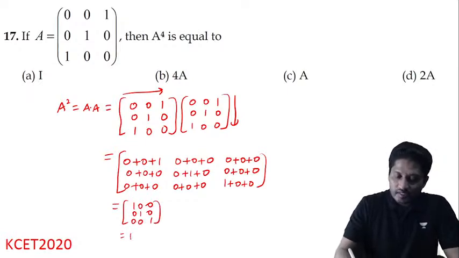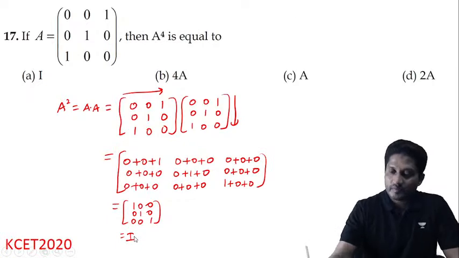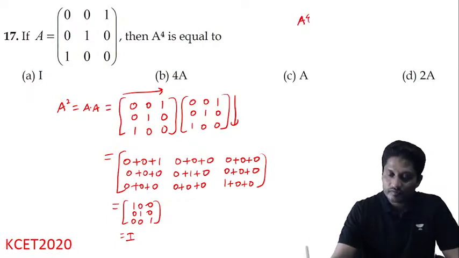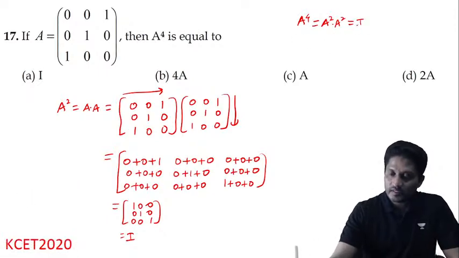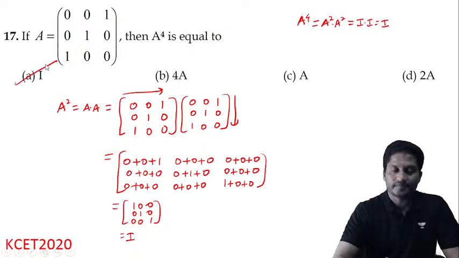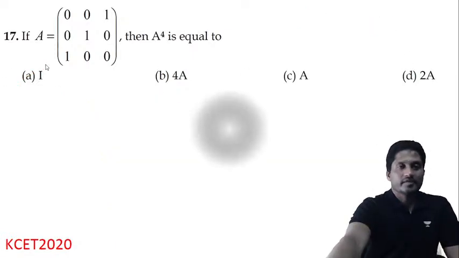That is same as I. Now A power 4 can be written as A square into A square, which is I into I. This is I into I, which is equal to I only. Answer is option A. Let's move to the next question.